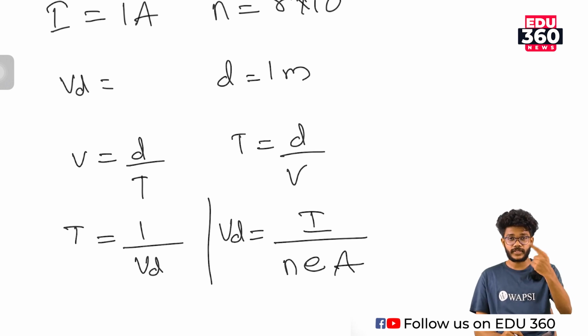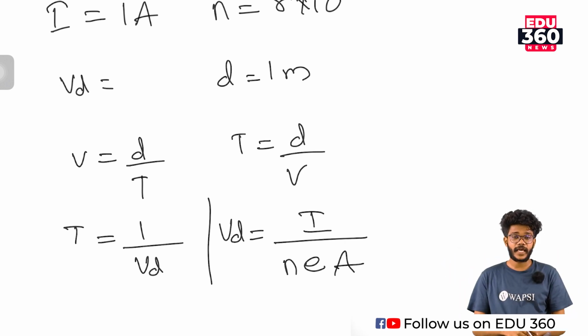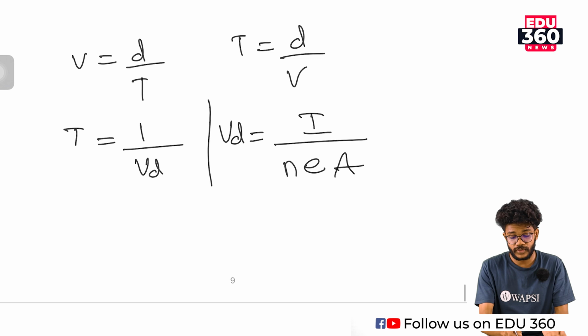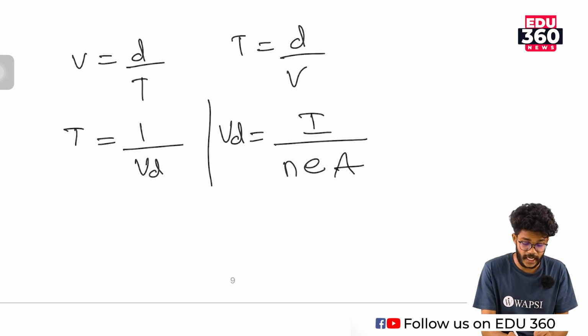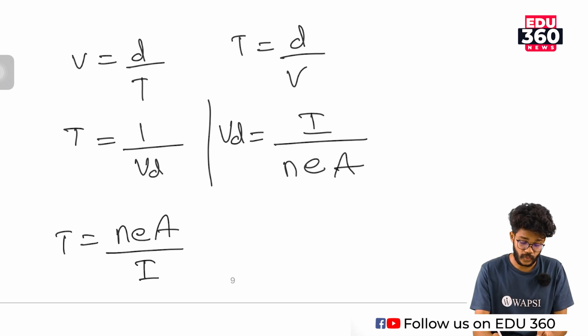If this is a wire, it has a cross section, and the area is given. So substituting into the earlier equation, time is equal to NEA by I, just reciprocating these quantities, and I is 1 ampere which is given. So T is equal to NEA.